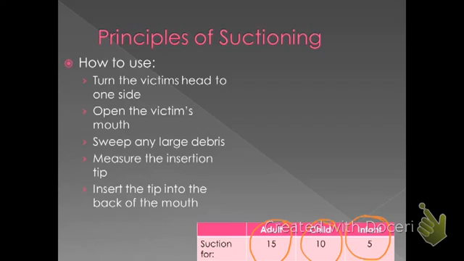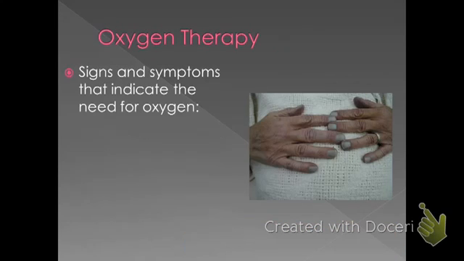So we have to be careful that we don't suction for longer than the recommended times listed in this table below, so that we don't create an oxygen deficit within our patients.